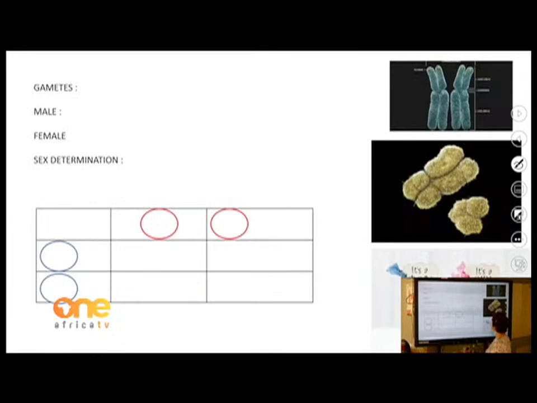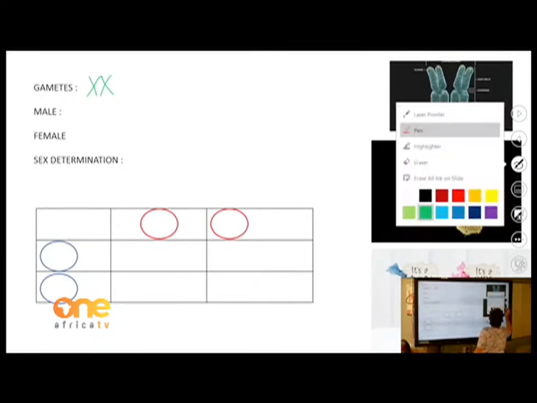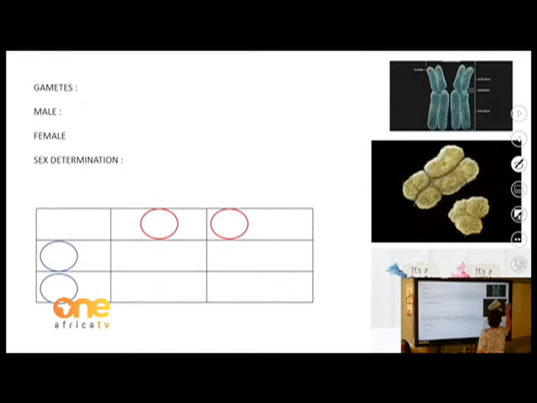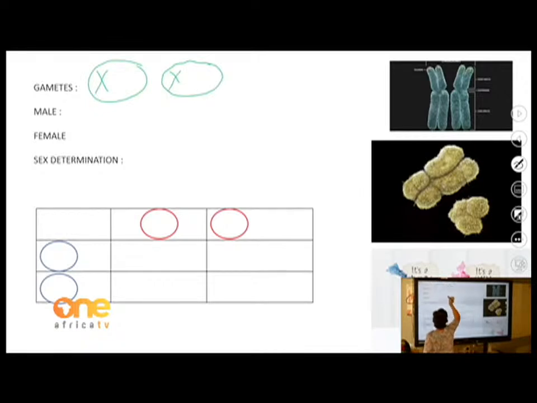Then, of course, is it a boy? Is it a girl? So I want you first to understand that our gametes can either have an X, if it is a female.